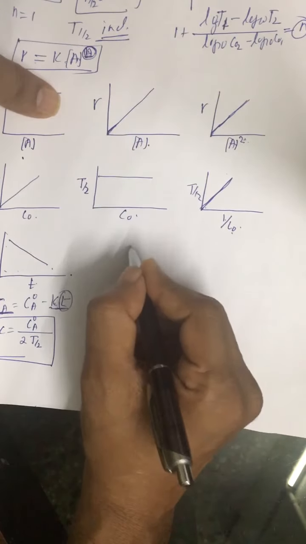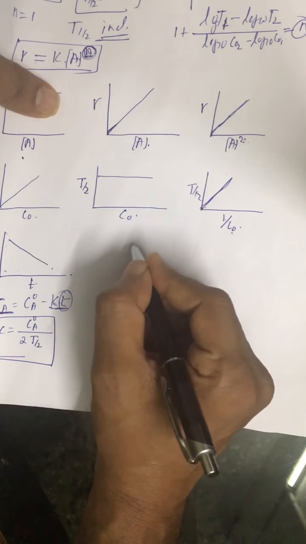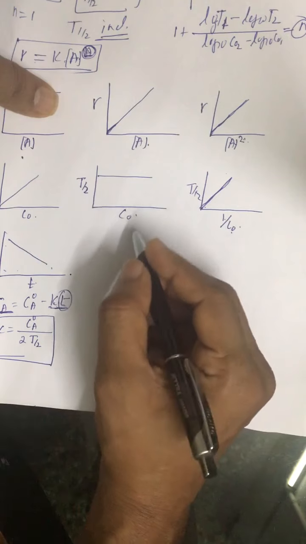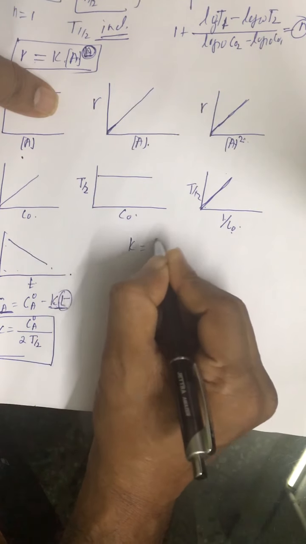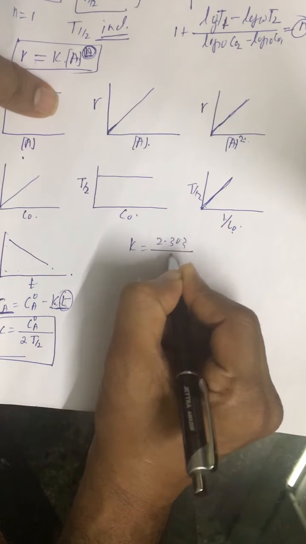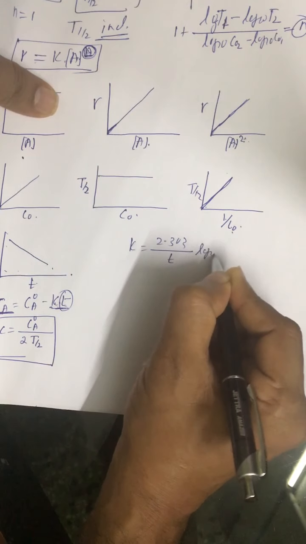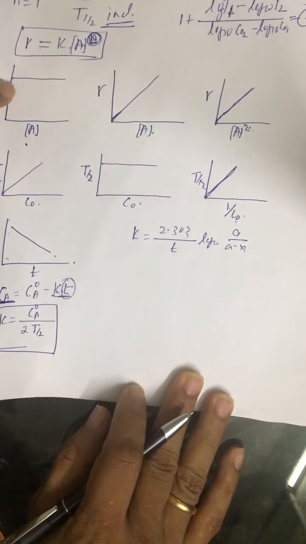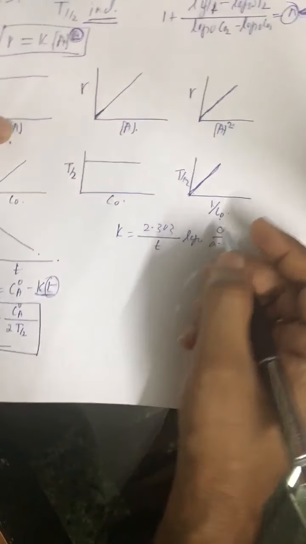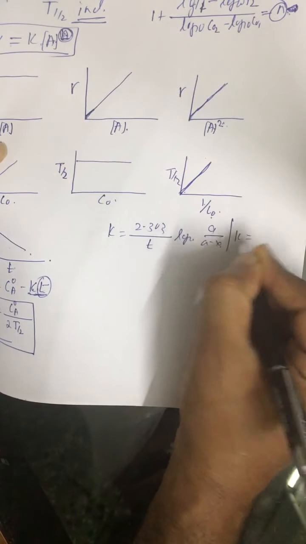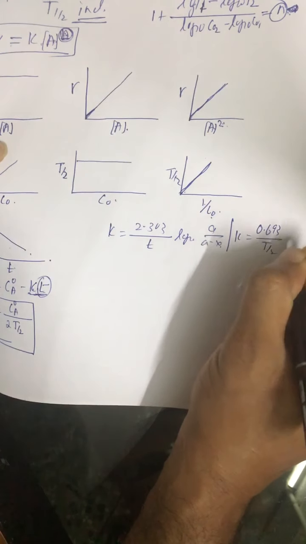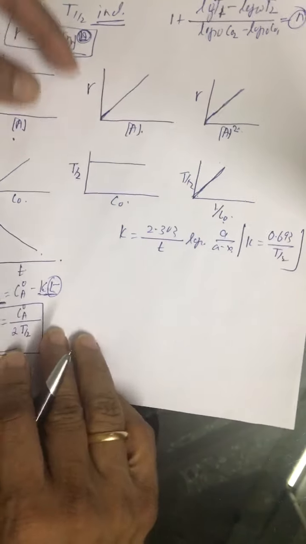And for first order reaction you must remember that k equal to 2.303 by t log of a upon a minus x. This relation also you must remember. And k equal to 0.693 upon T half. This relation also you must remember.